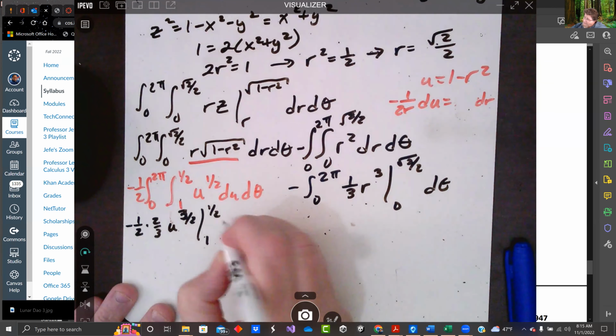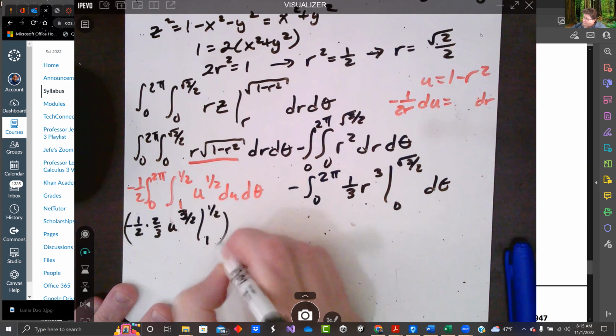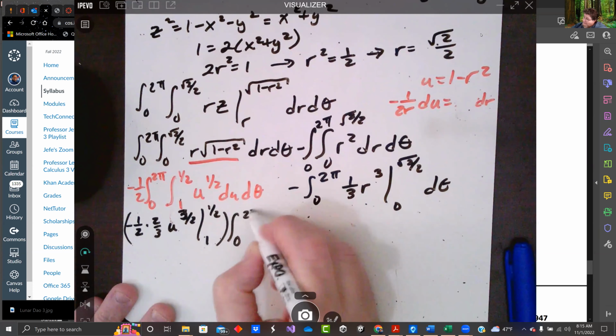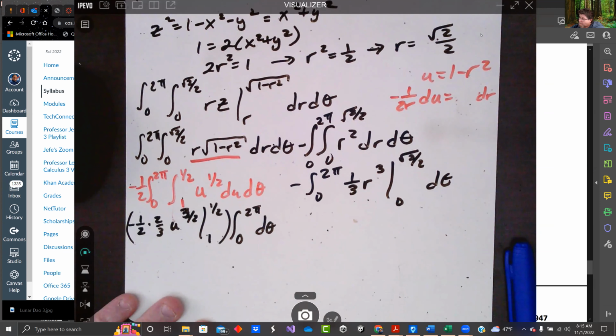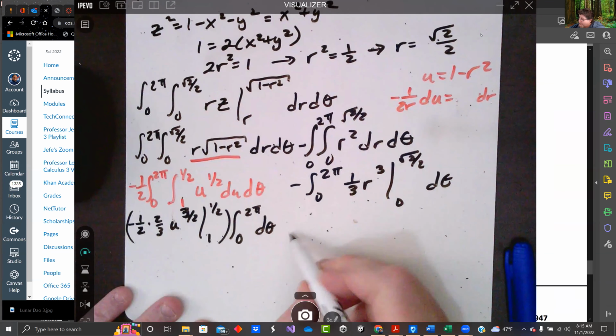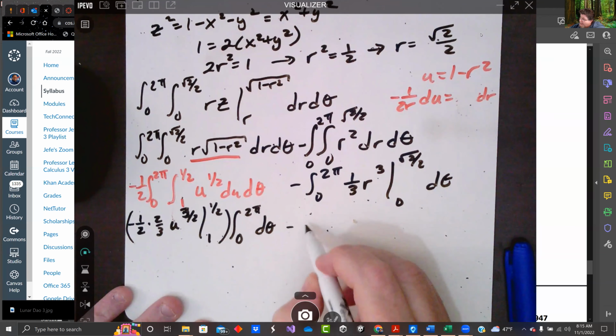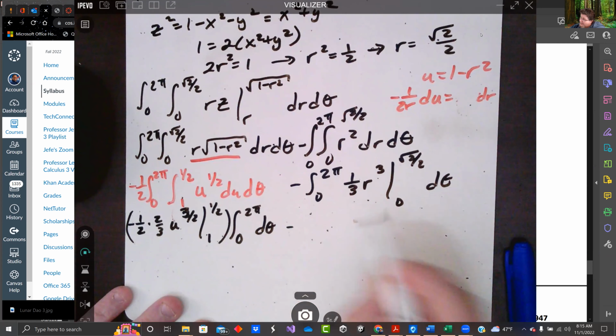And then I've got the integral of 0 to 2 pi d theta. So I can separate it now. Over here we do that again, minus the integral of 0 to 2 pi d theta.